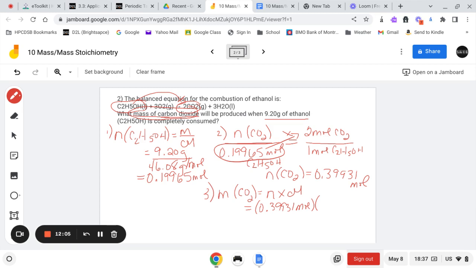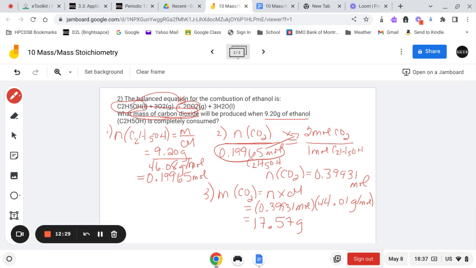So 32 and 12 is 44.01 grams per mole. And then when we multiply that through, I'm getting an answer of 17.57 grams.